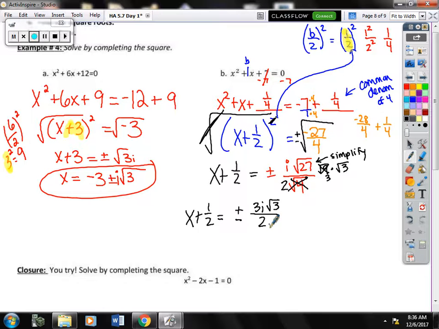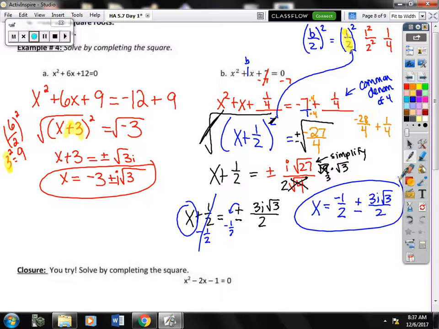Last step is then inverse operations. I need to undo positive 1/2 with a subtraction of 1/2. Again, usually we write that in front of the plus or minus symbol. So this would be negative 1/2 plus or minus 3i square root of 3 over 2, which is how I'm fine with you leaving it.